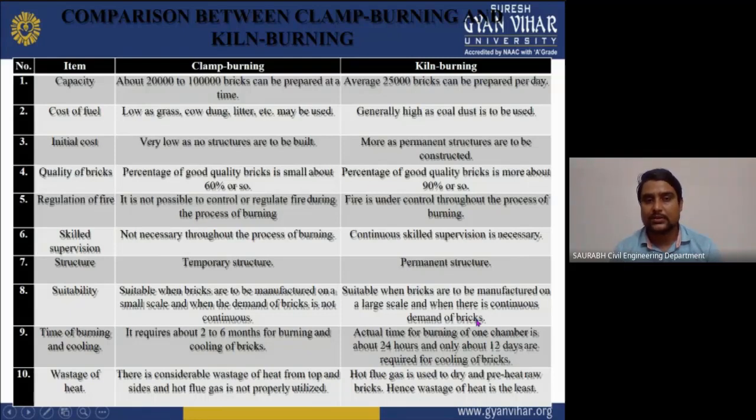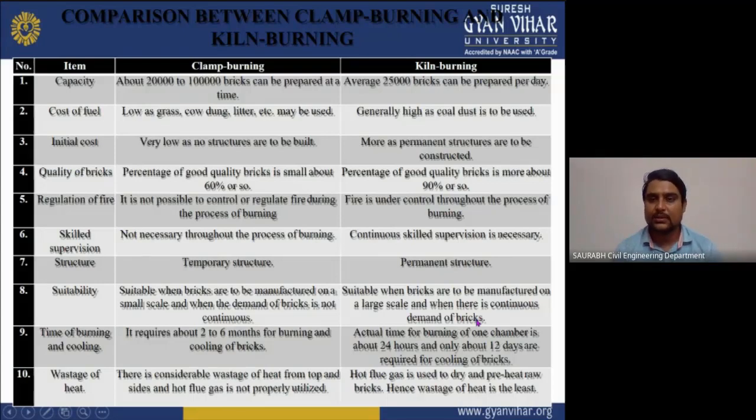So these two are the processes by which we can prepare our clay brick, and these two are very important. If anybody asks you what is the difference between clamp burning and kiln burning, then you can say kiln burning is the advancement of clamp burning.